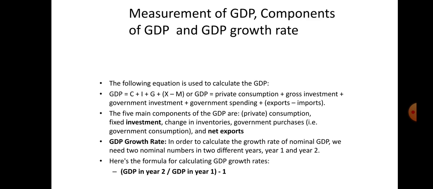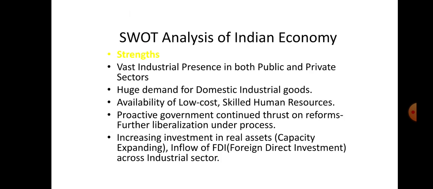To calculate the growth rate of nominal GDP, we need two nominal numbers in two different years, that is year 1 and year 2, so that we find the ratio, that is GDP in year 2 divided by GDP in year 1, minus 1.